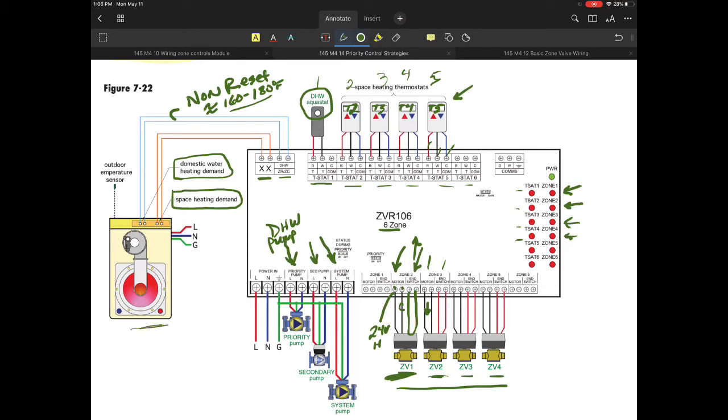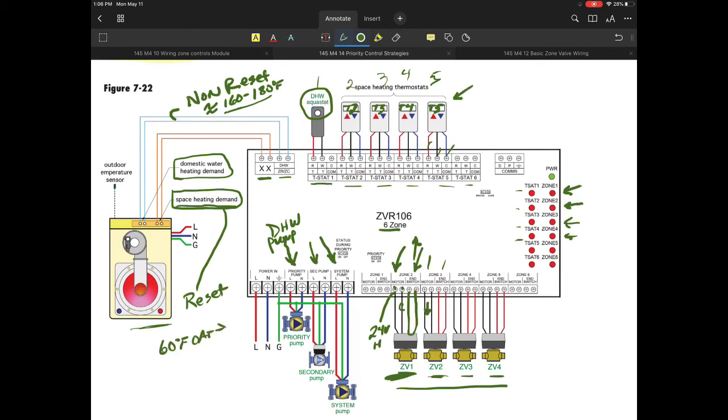I have used systems in the field where I have set up a max of 140 when I'm using a high efficiency boiler, and it allows me to utilize some of the advantages of using the lower water temp. I can get a little bit more efficiency on this system. So it's really up to you. Regardless, this is independent of the outside air temp. It will always give you that temp. If there's a demand, it's going to try to achieve the 140, 160, 180, whatever that temp might be for your domestic water demand.